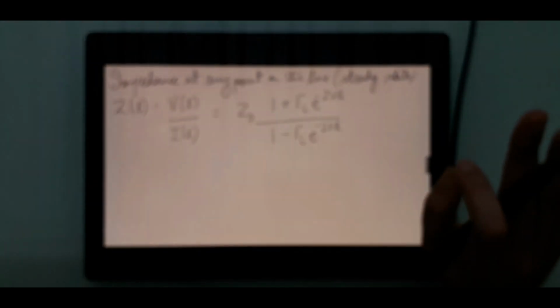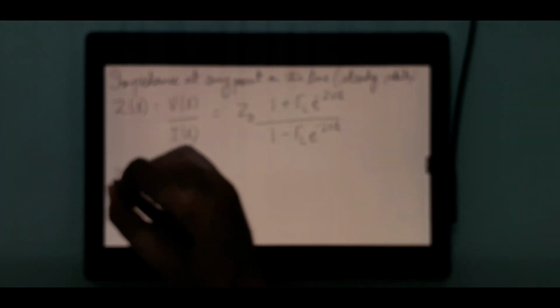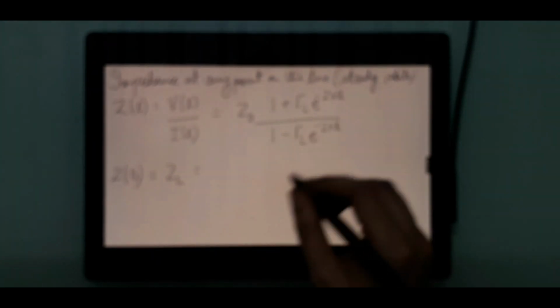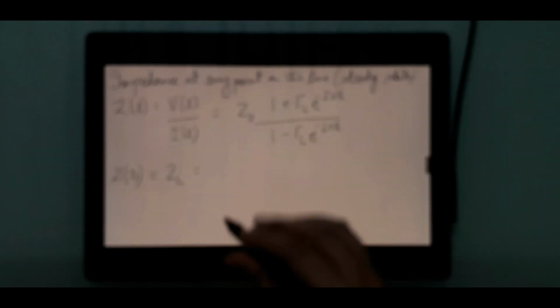So if you simply take the ratio, you will get this. Now if I put Z of 0, that is the impedance when L equals 0. What is the impedance at L equal to 0? It is nothing but the load impedance, because we have defined that L equal to 0 is the load. So this is ZL. If you substitute that over here, these two exponential terms will become 1.